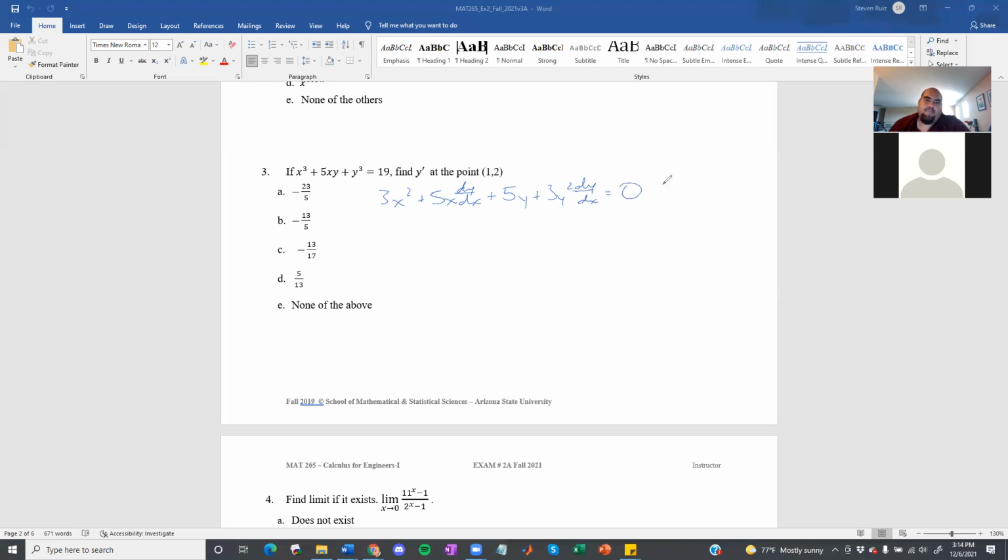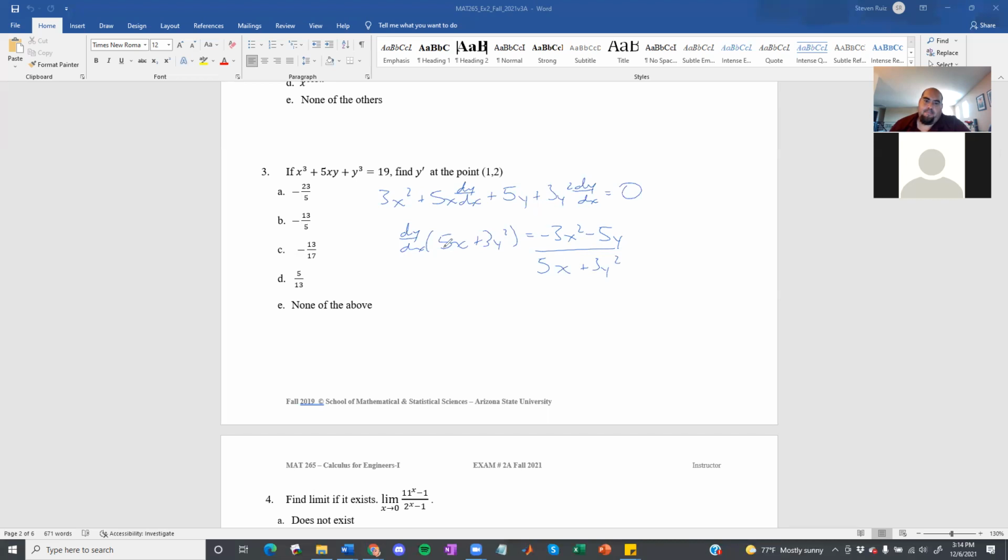Okay, good. So then we'll subtract the 3x squared and the 5y over to the other side: negative 3x squared minus 5y is equal to 5x dy/dx plus 3y squared dy/dx. So then we'll basically just divide the other side by 3y squared plus 5x.